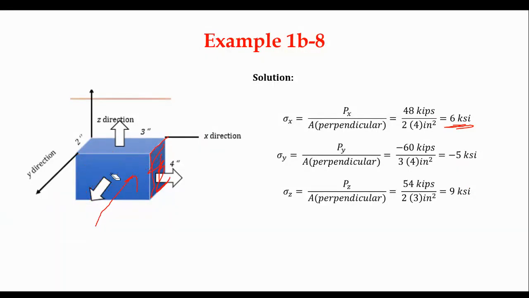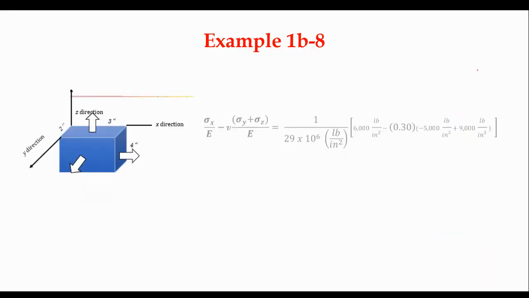Sa z direction, ang load applied is 54 kips. And the area defined is 2 by 3. Tama? So, makuha na nato ang mga stresses. Okay, so para pag-solve sa strain, substitute lang.